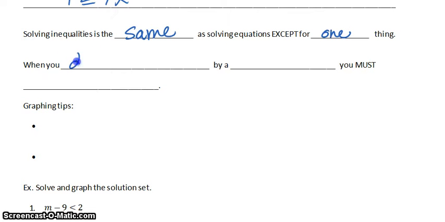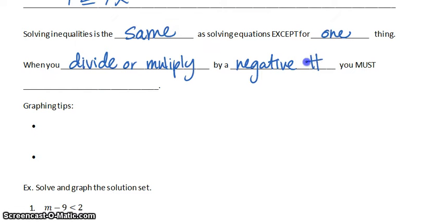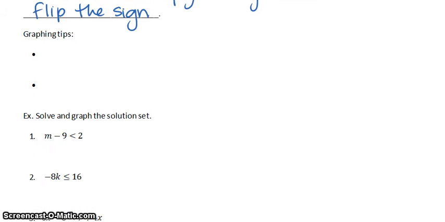When you divide or multiply by a negative number, you must flip the sign. And I'm going to show you that in just a bit. Now, it's when you divide by a number, not when there is a negative number. But we'll clarify that in just a second.